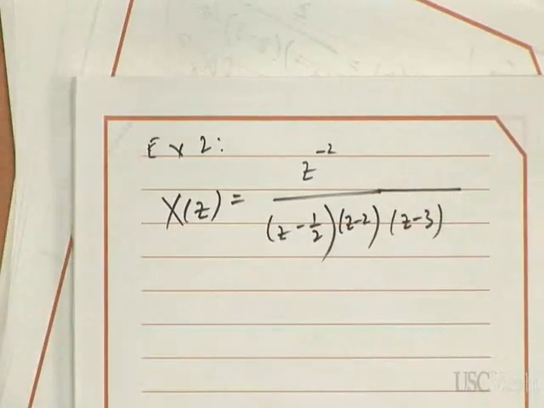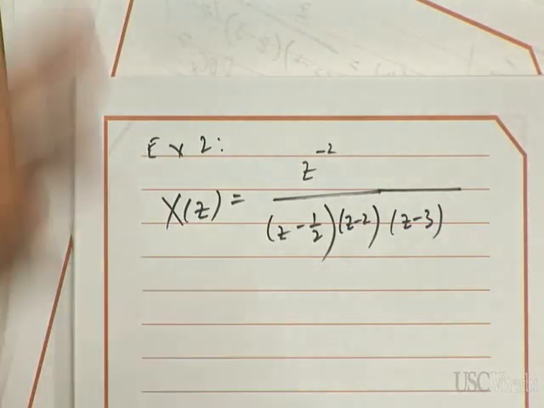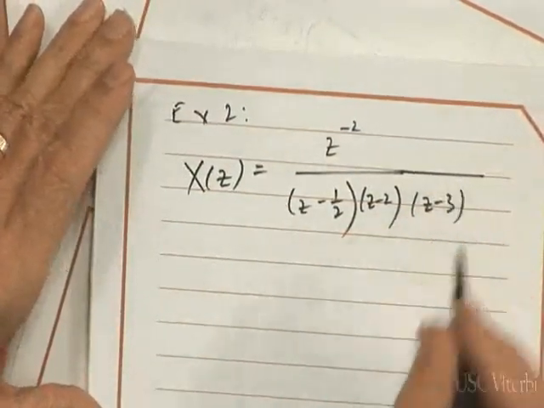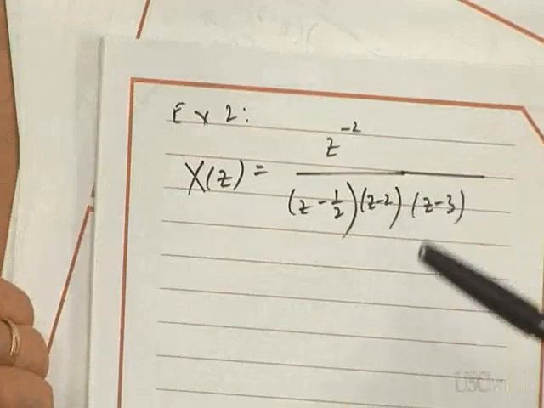Most of these inverse transforms, if you know the region of convergence, can be done using the power series, as I mentioned. Now for this example, you have poles at 1/2, 2, and 3.